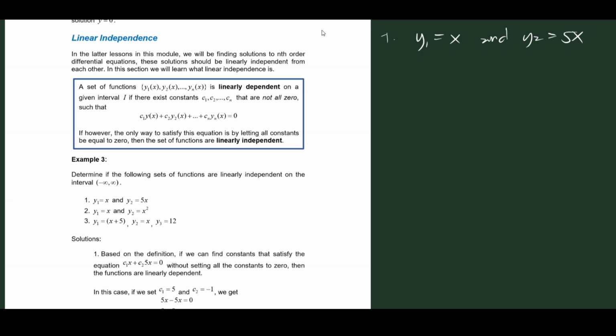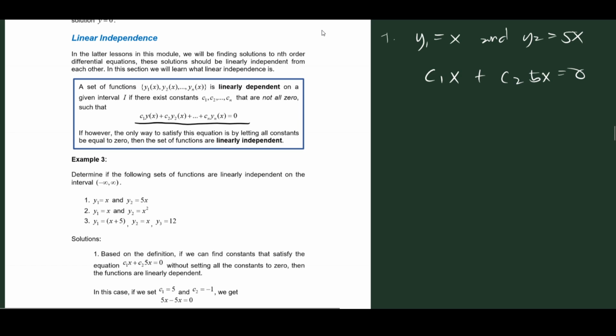Okay, so let's write down this equation here in the definition. c1 multiplied by x plus c2 multiplied by 5x.